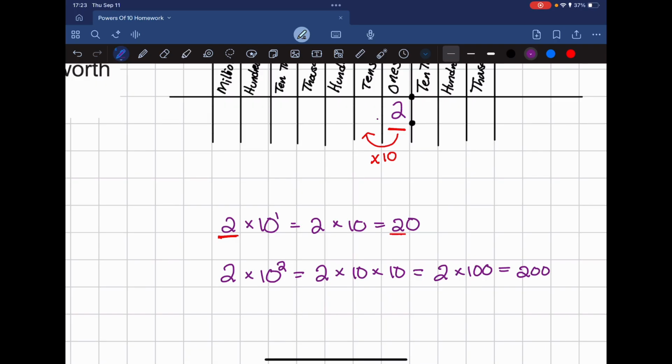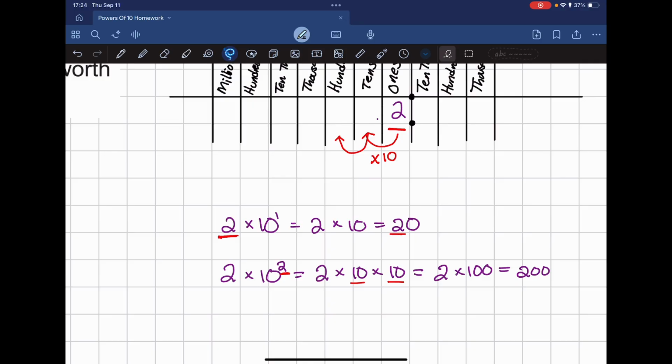The shift that is taking place is that, because I have this 10 to the second power, and I am multiplying it times 10 twice, I need to not only shift this one time, but I also need to shift it a second time. Okay?